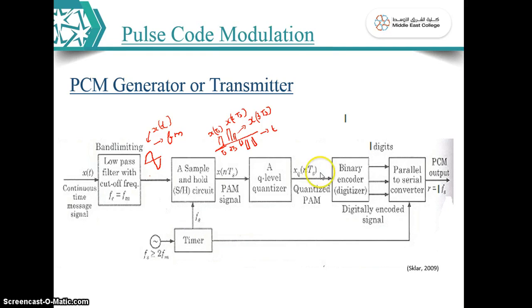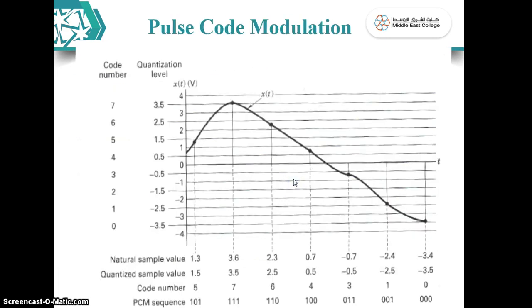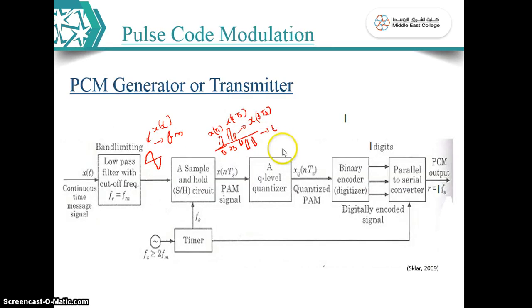Now the next is a Q level quantizer. The Q level quantizer will compare your x(nTs) with a fixed value. This will be more clear when I explain pulse code modulation to you; after explaining that, I will come back to the block diagram. Here x_q(nTs) is the output of the Q level quantizer.